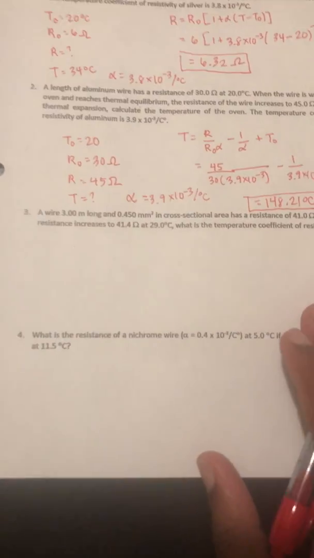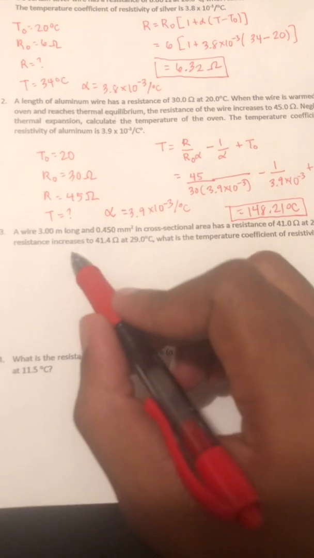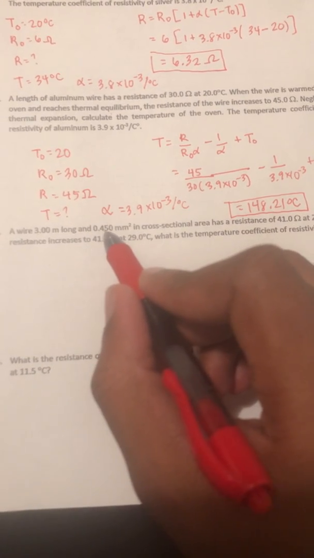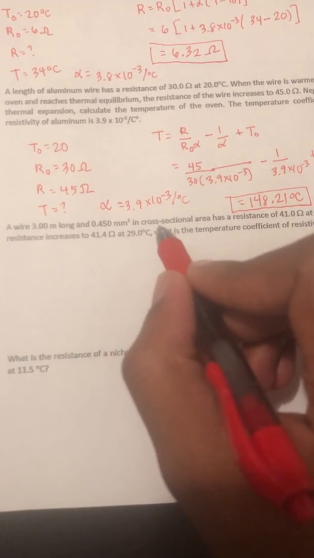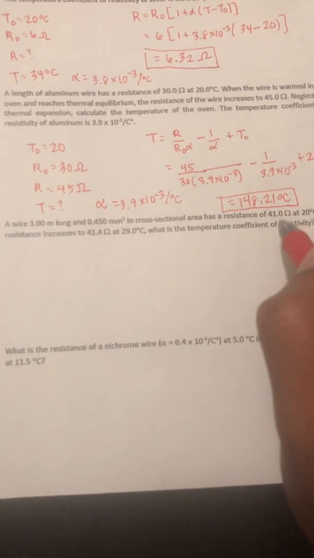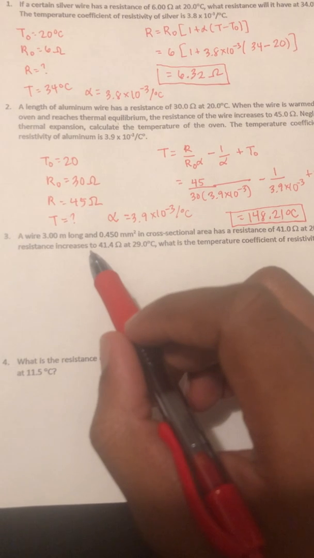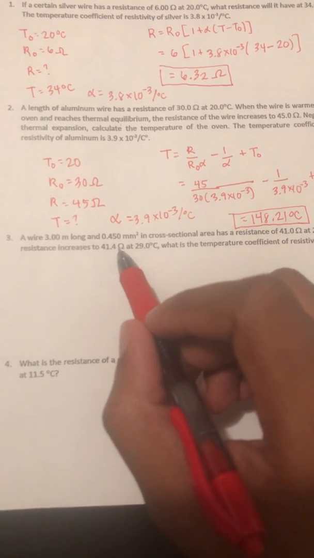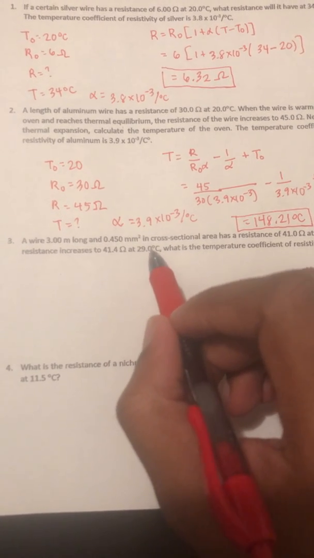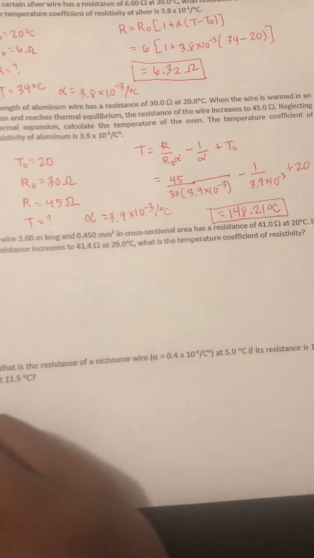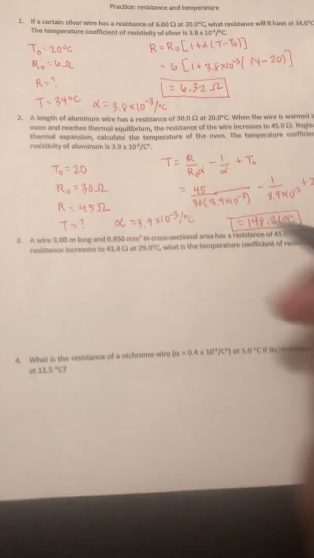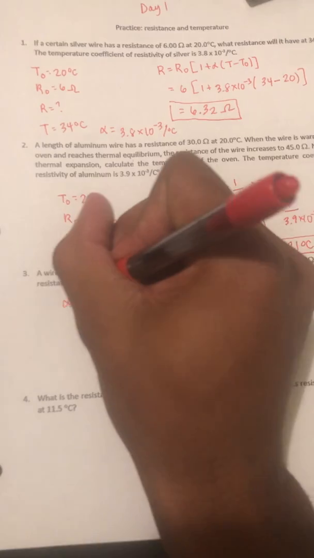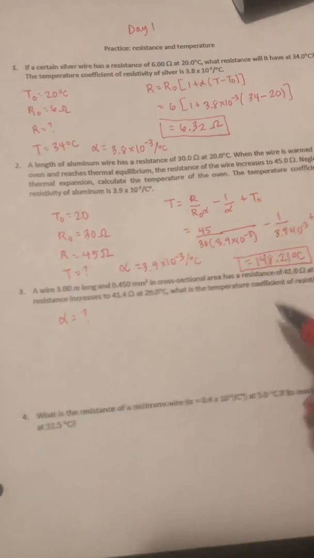All right, number 3. A wire 3 meters long and 0.450 millimeters squared in cross-sectional area has a resistance of 41 ohms at 20 degrees Celsius. If its resistance increases to 41.4 ohms at 29 degrees Celsius, what is the temperature coefficient of resistivity? First thing I'm going to write down is what we're looking for, the temperature coefficient.